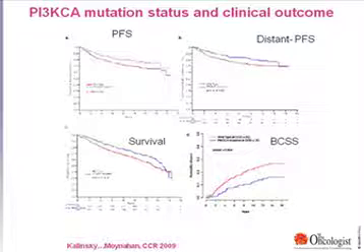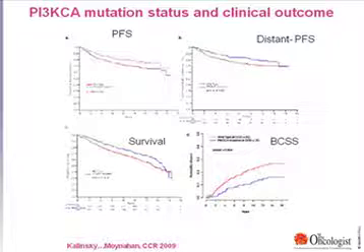And surprisingly, at least surprisingly to me initially, is that PI3 kinase mutations, if any, confer a better outcome. So in these graphs, where you look at progression-free survival and survival, the mutant tumors are those displayed in the blue line, so they seem to be doing better.